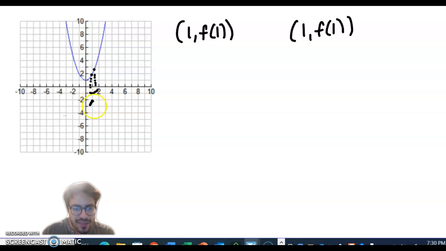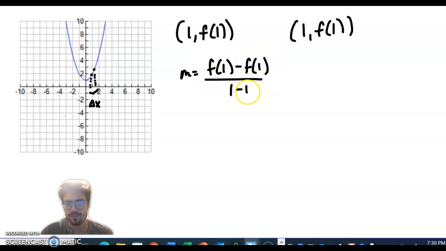There's a delta x difference, right? What I want is to smush that delta x difference. I want it to be 0. I want there to be no space between the points I'm using for slope. But that's impossible, because otherwise we get this situation, right? Which is impossible.